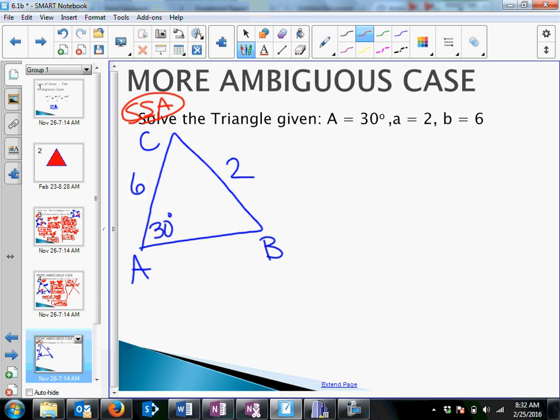First of all, we know we can use the law of sines. Second of all, we know this is the ambiguous case, so we're going to have to be careful. So we're going to have to find angle B. So the sine of B over 6 equals the sine of 30 over 2.